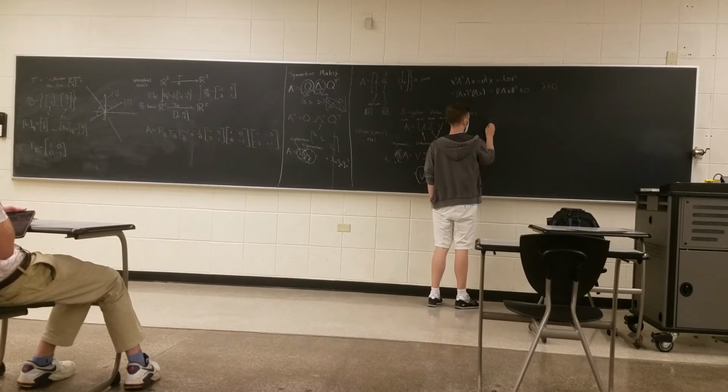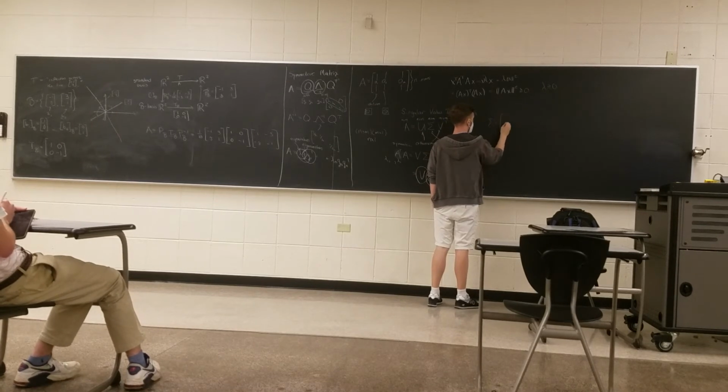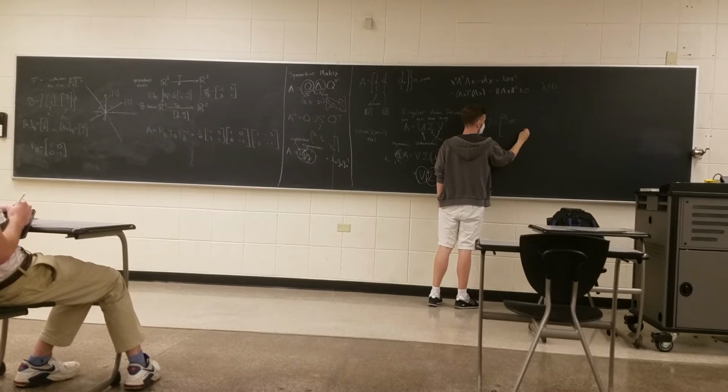Then we'll write sigma as square root of lambda 1, square root of lambda 2, all the way down to square root of lambda r.